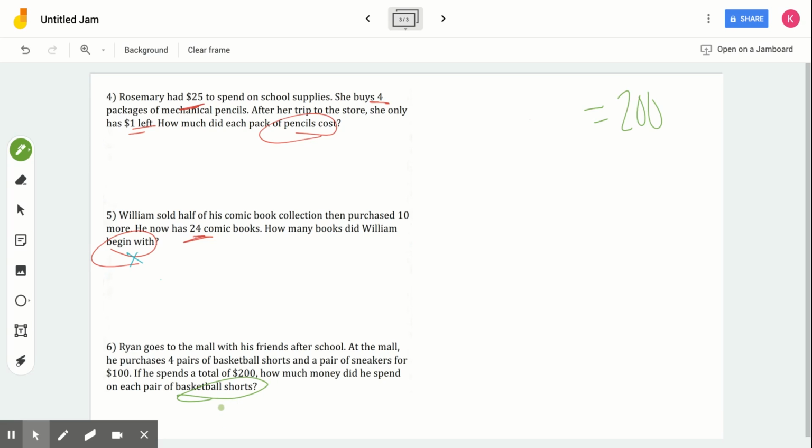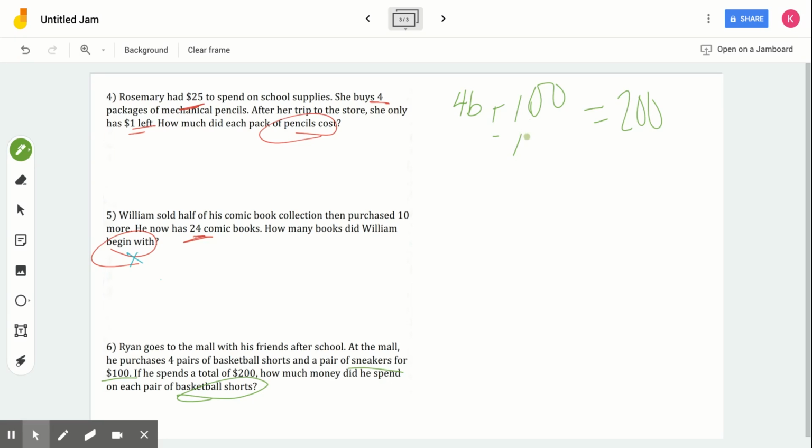So we're going to set a variable. I typically don't like to use an S because sometimes when I get sloppy, it looks like a 5. So I'm just going to use B for basketball. So 4 pairs of basketball shorts plus he bought the sneakers for $100. So this is telling us that the sneakers cost $100 is equal to our total.